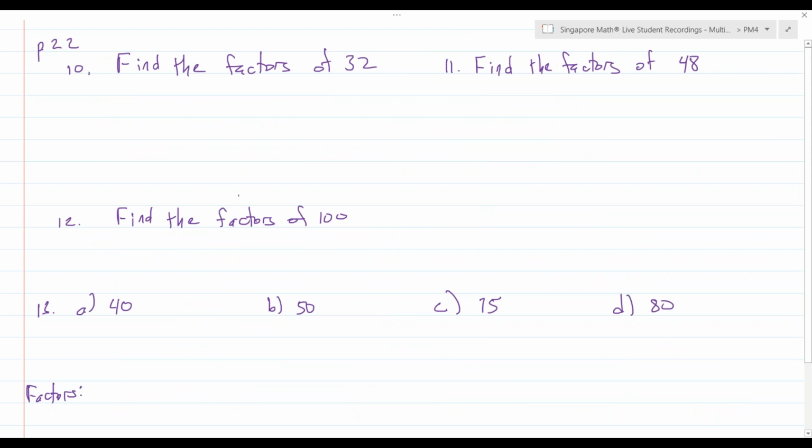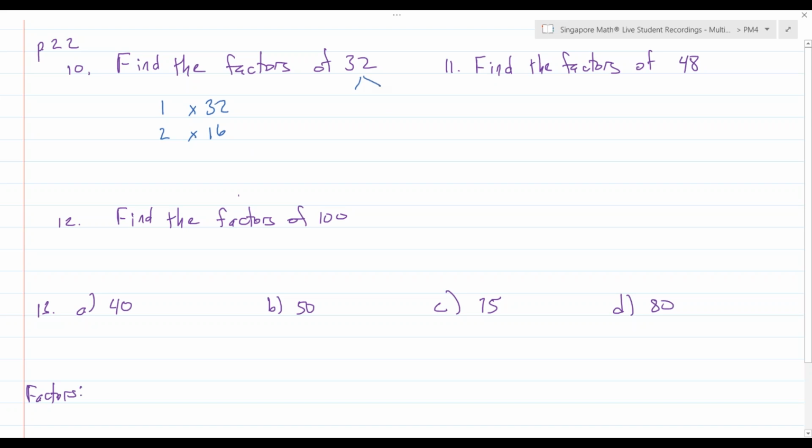Now look at page 22. We're supposed to just find the factors of 32. To find the factors, I always think about all the multiplication problems that are possible. Again, start with 1. 1 times 32. 2 is going to work. It'll be 2 times 16.